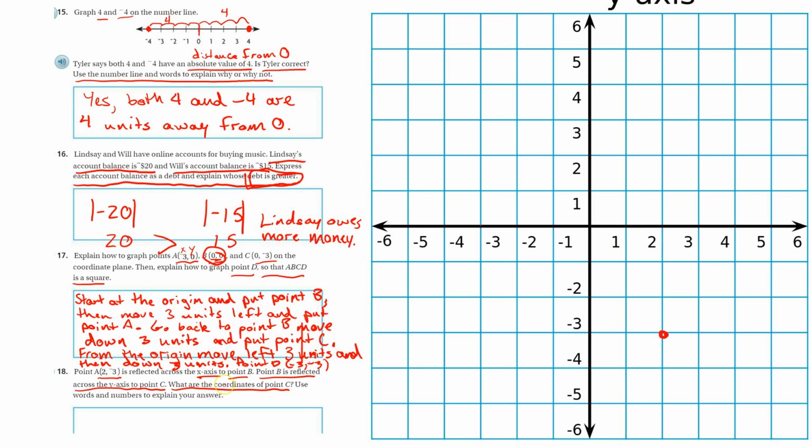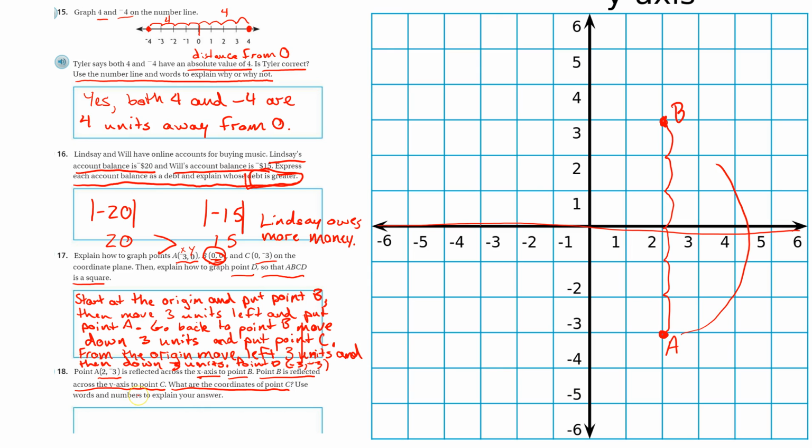Okay, it's reflected across the x-axis. So this is my x-axis, so we're folding it this way. And it's going to be on the opposite side, the same distance from x. So this is 3 away from x, so my other point is going to be 3 away from x. So this is point A. Point B is this reflection.